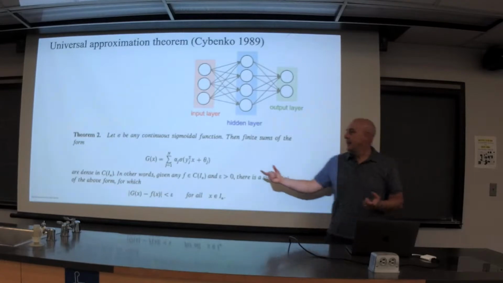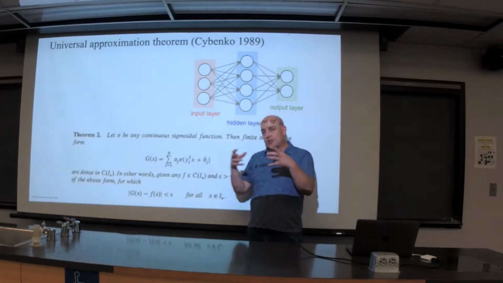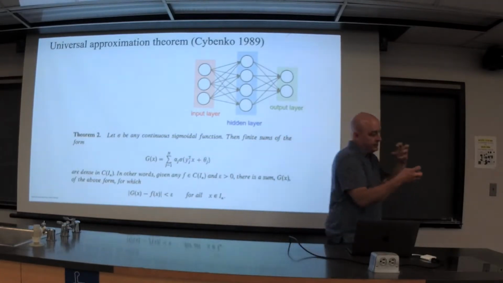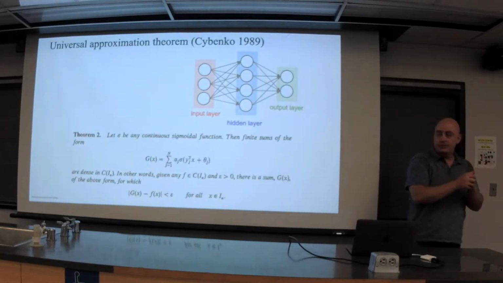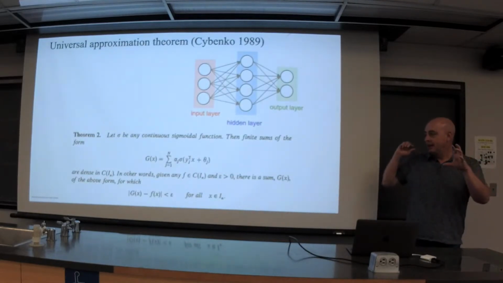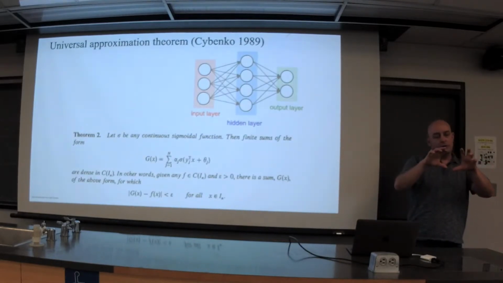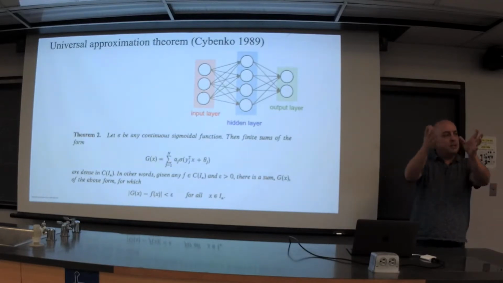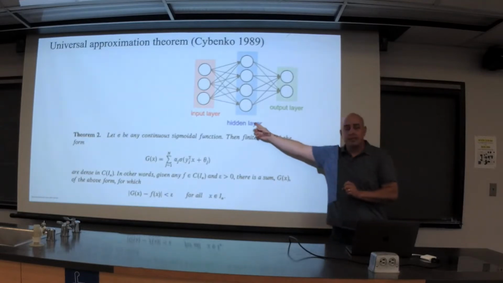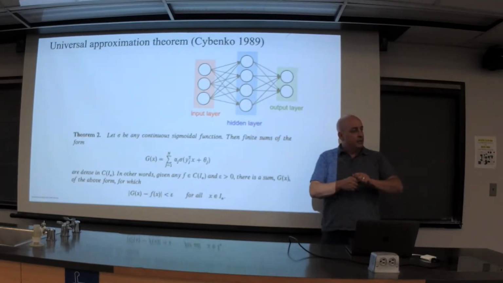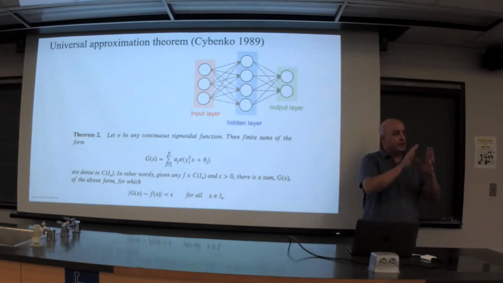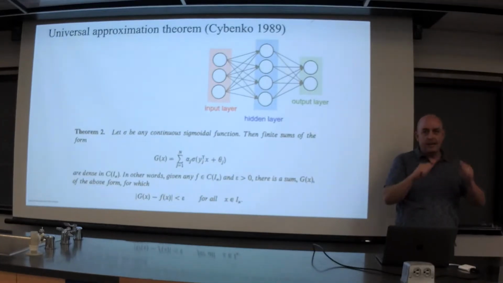It's basically, given an appropriate measure of the distance between functions, it means that, it's a classical thing, you give me an epsilon, I can find a neural network with a single hidden layer that will approximate that function to within that distance epsilon.